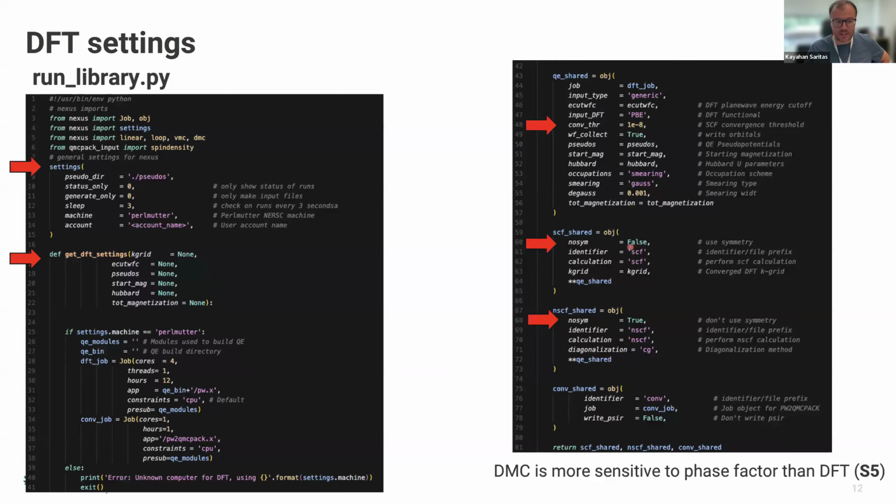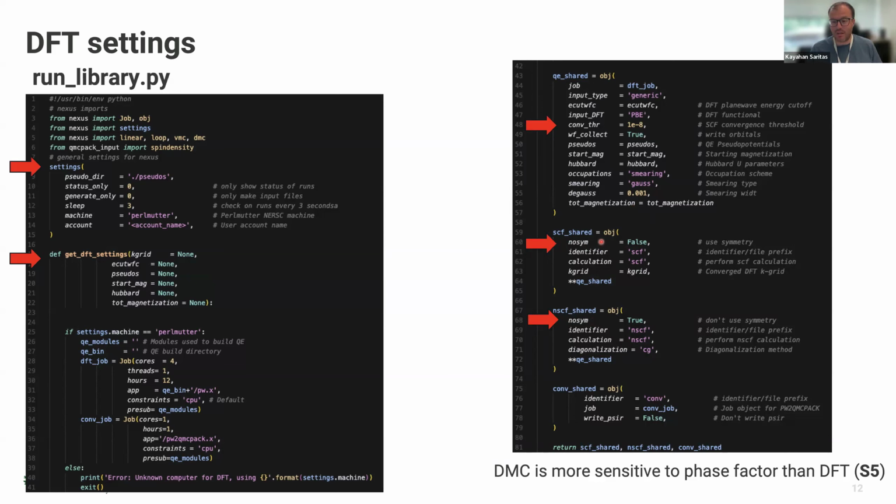Something else important to mention here is the symmetry tag. Depending on your system, if it has a larger degree of symmetry, you can benefit from it in the SCF phase of the calculation.